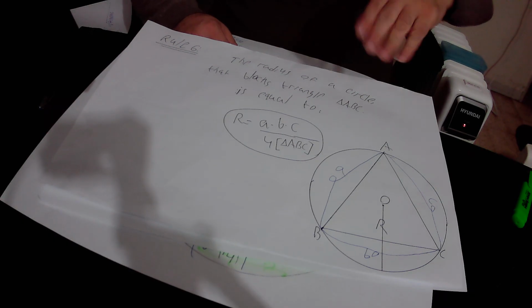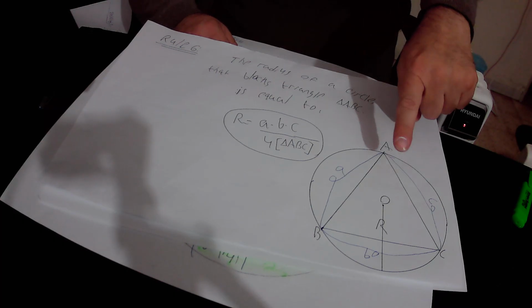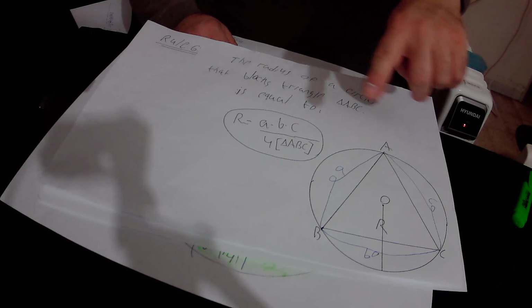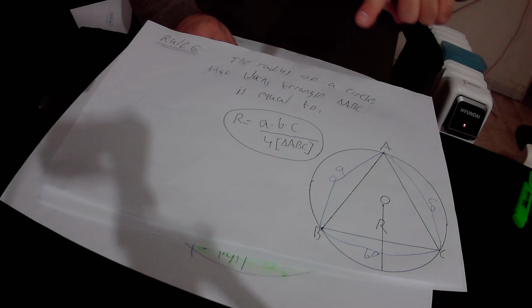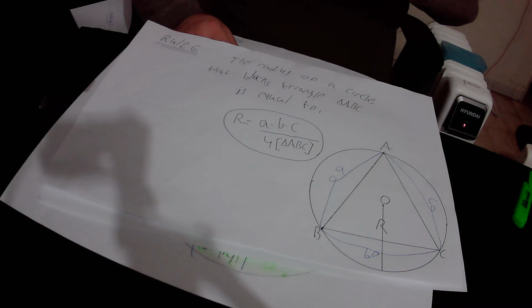So according to rule number 6, the radius R of this circle that blocks triangle ABC equals A times B times C, that is the multiplication of the side lengths of the triangle by each other, over 4 times the area of this triangle, triangle ABC.